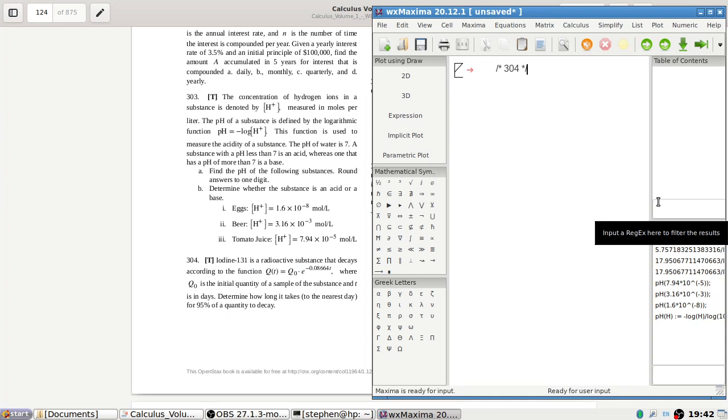Iodine of radioactive decays according to this function Qt, defined as Q0.